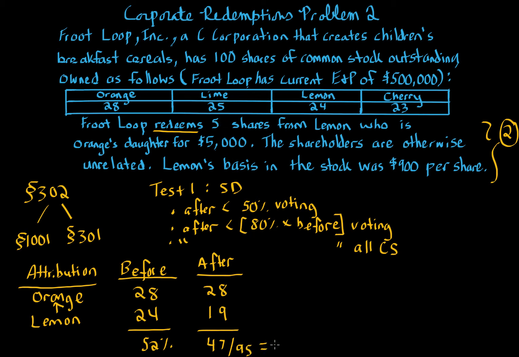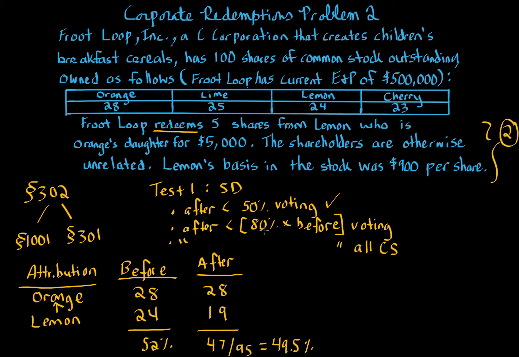So 47 divided by 95 is 49.5%, my apologies for rounding to 1 decimal place. So if we're doing the substantially disproportionate test, yes, it's less than 50%.